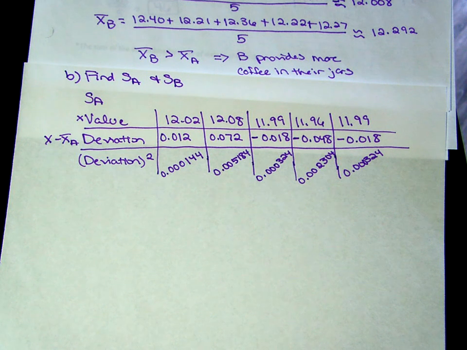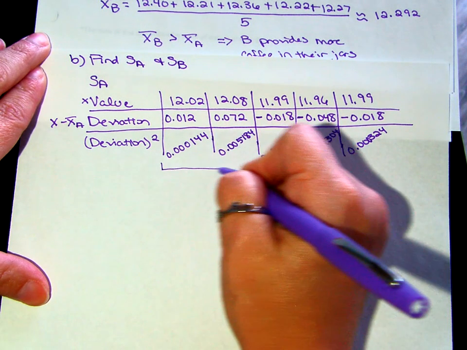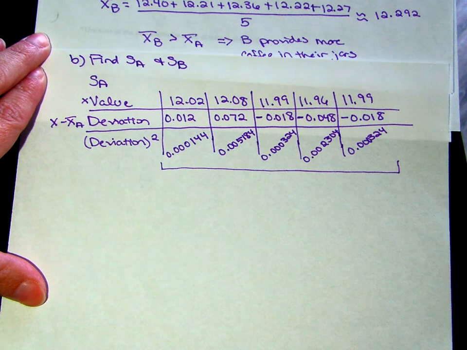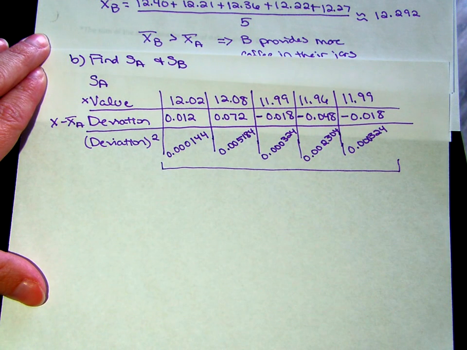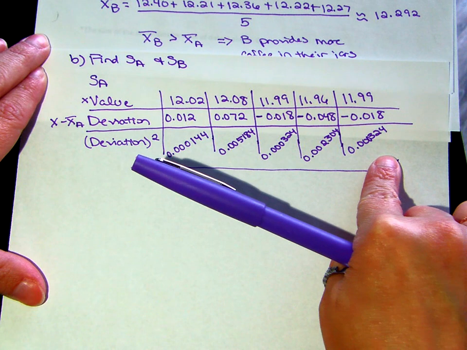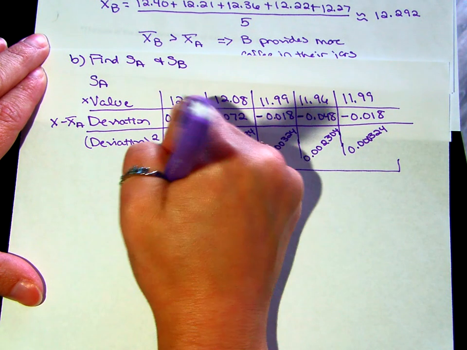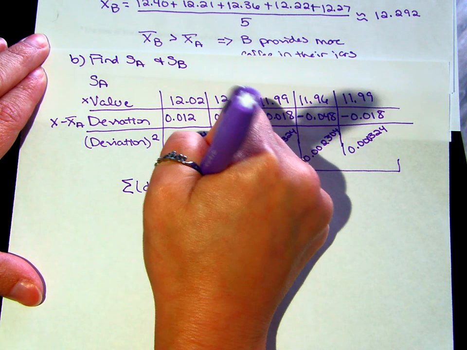Because at this point, I would take all of my deviations squared and I would add them together. So I would add this one and this one and this one and this one and this one. And that's going to give me the sum of my deviations squared, 0.00828.